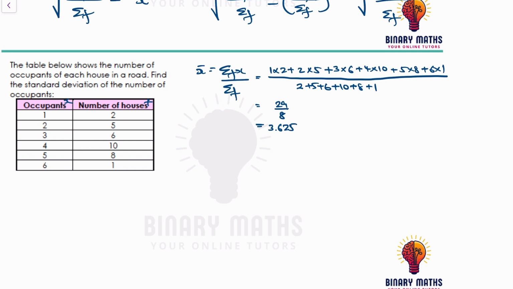We want to find the standard deviation, which is sigma, which is the square root of the sum of f x squared over the sum of f, minus x bar all squared.